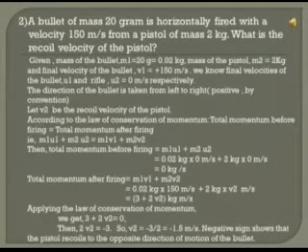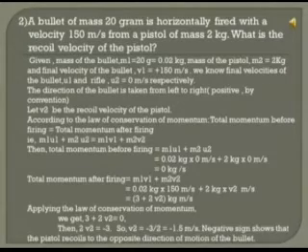Next we have to find the total momentum of the pistol and the bullet after the firing. That is equal to m1 v1 plus m2 v2 is equal to 0.02 kg into plus 150 meter per second plus 2 kg into v2 meter per second is equal to 3 plus 2 v2 kilogram meter per second.